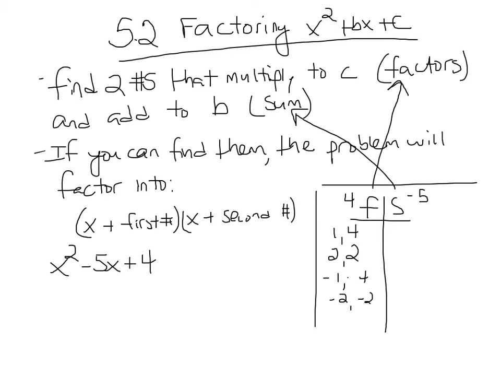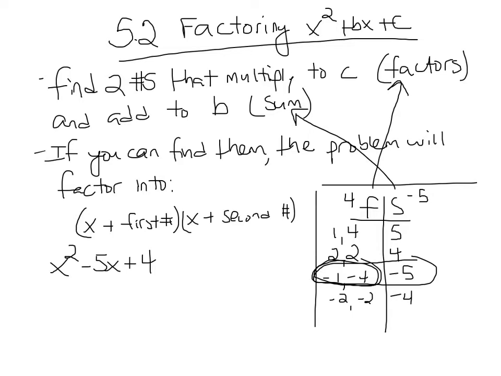If we try adding up these same pairs of numbers, the first pair gives us 5, then we get 4, then we get negative 5, and then we get negative 4. And notice what we're looking for. We're looking for numbers that add up to negative 5, and we see that happen right here. So the two numbers we're looking for are negative 1 and negative 4.